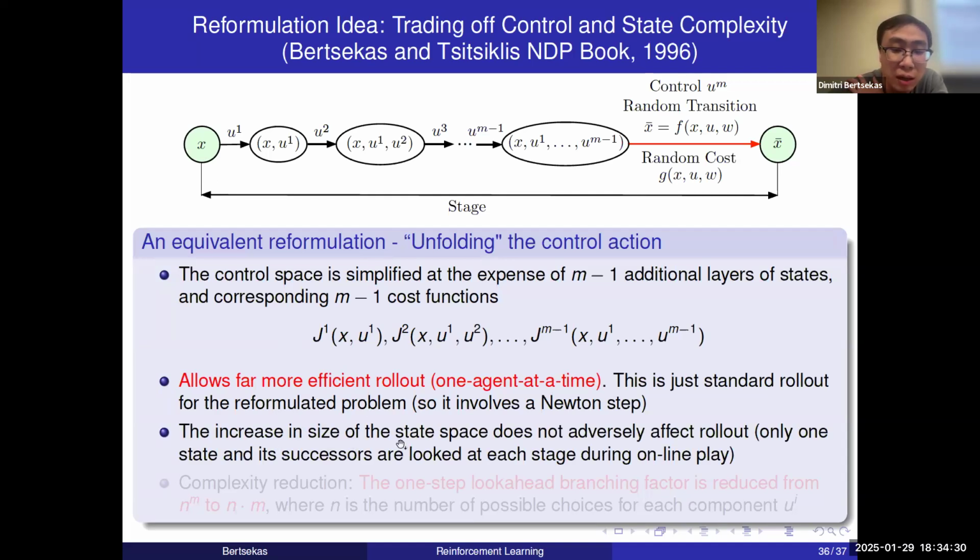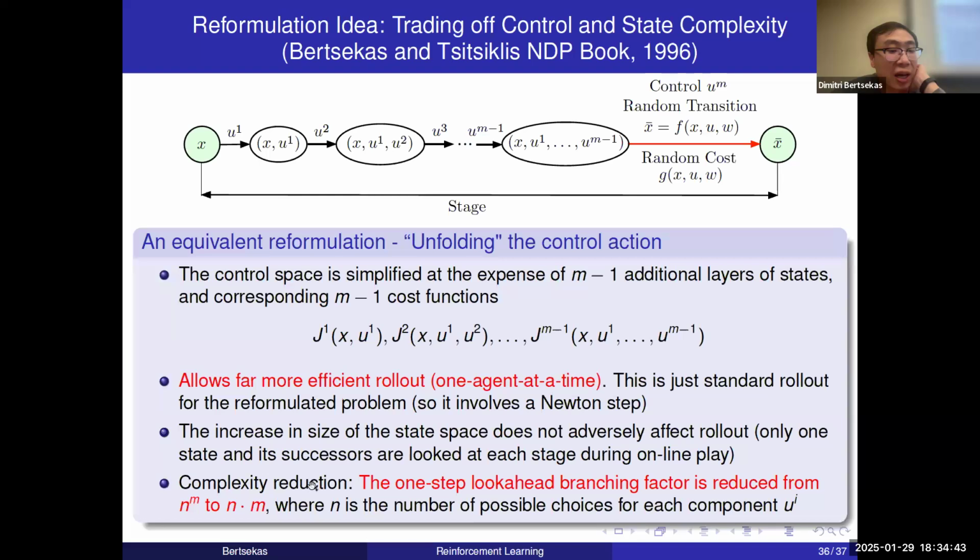The increase in size of state space does not adversely affect rollout. Only one state and its successors are looked at each stage during online play. And the complexity reduction is dramatic. The one-step lookahead branching factor is reduced from n to the power m to n times m, where n is the number of possible choices for each control component ui.